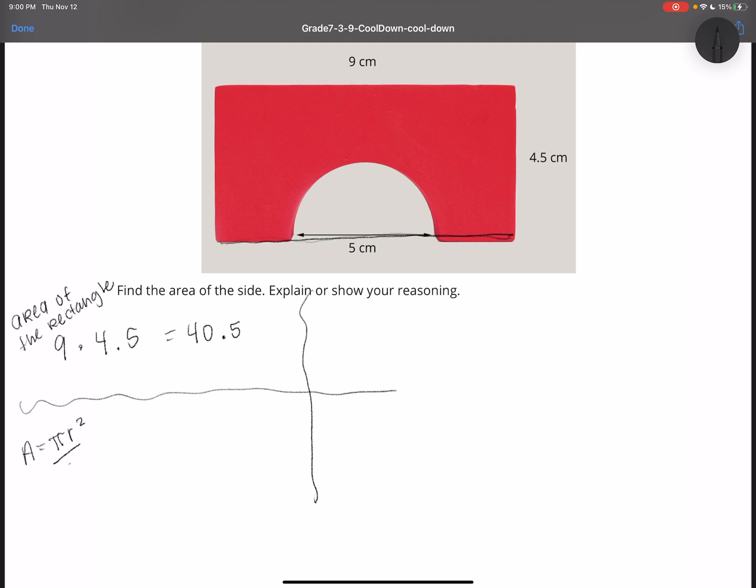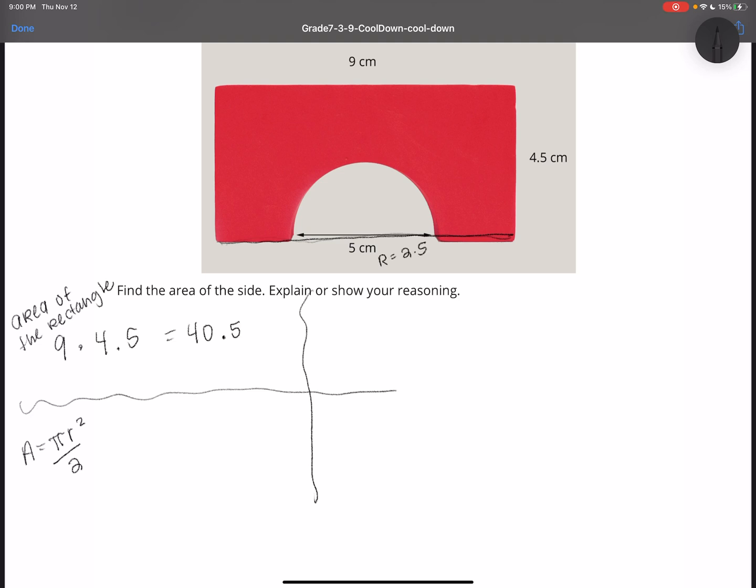If you guess divided by 2, you are absolutely correct. Now, we need to determine if this is the diameter or radius. Is 5 a diameter or radius? If you guess that 5 is the diameter, you are absolutely correct. The reason why 5 is a diameter is because it stretches all the way across the circle. The radius for this semicircle will be 2.5.